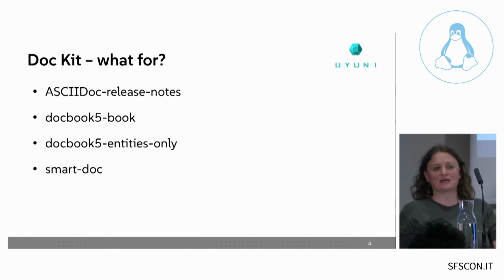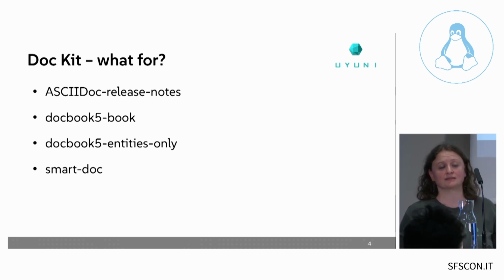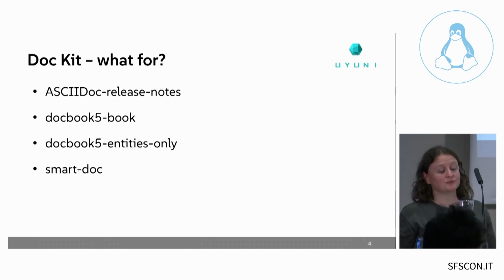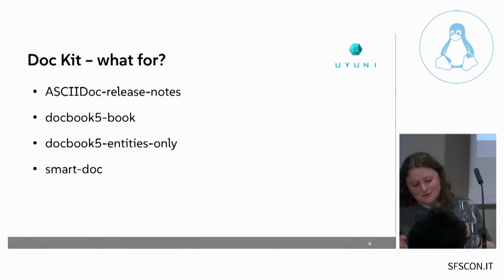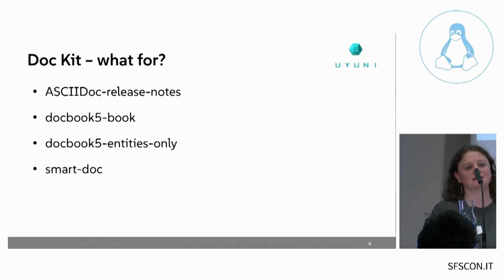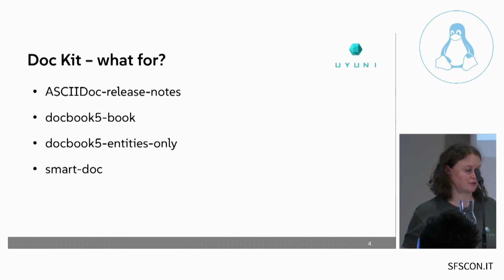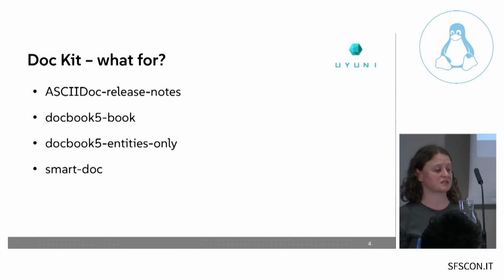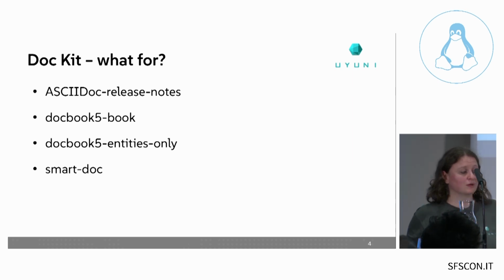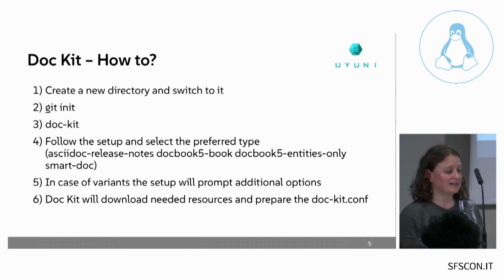So why not? We have the Smart Doc bootstrap, so that way you just go to the content and write it without thinking at all about the structure or the layout that you should use for this kind of documentation. So we know what we could use DocKit for.